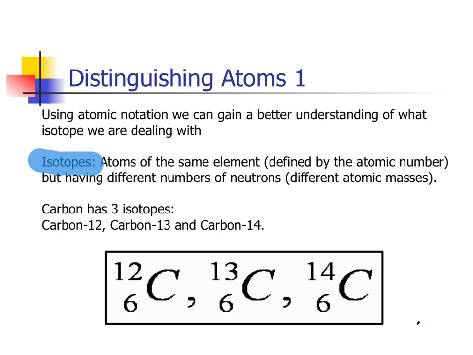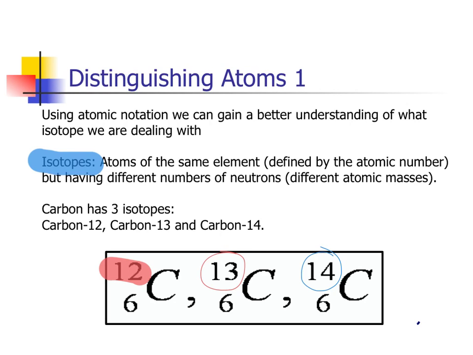Three common ones are those of carbon: carbon 12, carbon 13, and carbon 14. When I say carbon 12, that means I'm talking about that carbon. Carbon 13 means I'm talking about this carbon. And carbon 14 means I'm talking about that carbon.